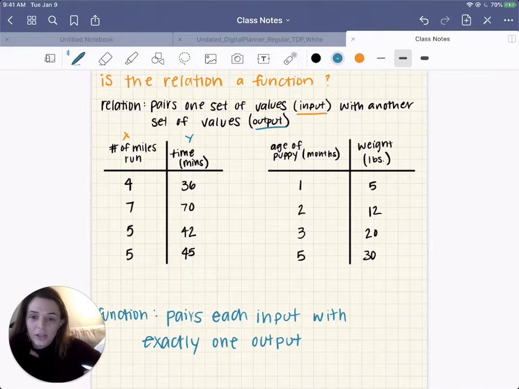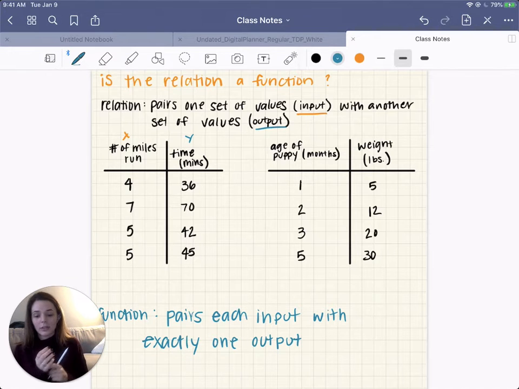The next day you run 7 miles, it took 70 minutes. The next day you run 5 miles and it took you 42 minutes. And then the next day after that, you run 5 miles again, but this time it takes 45 minutes. Okay, so that's one example of a relation.